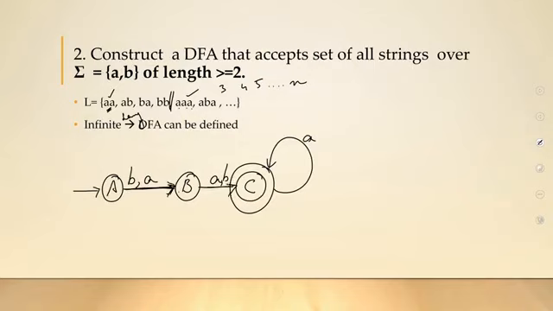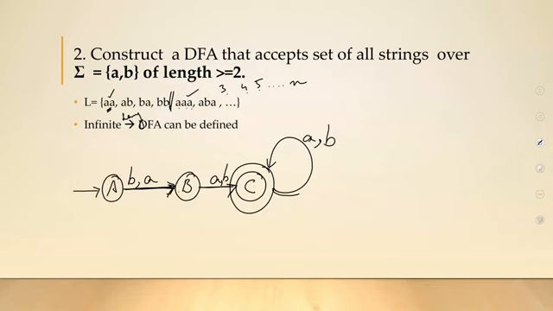I come in C, and then my next A, I come back to C. It goes again. It's a cyclic thing. So be it 3 length, 4 length, 5 length, n length, be it an A or a B, you will be going on satisfying it.